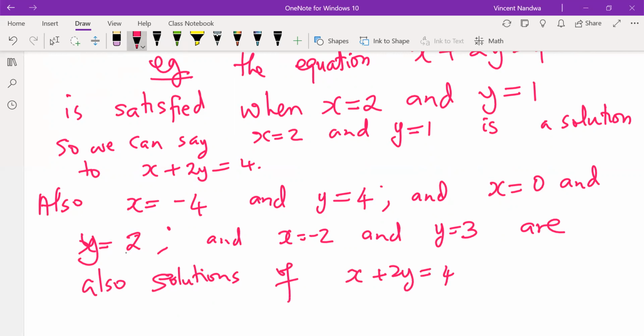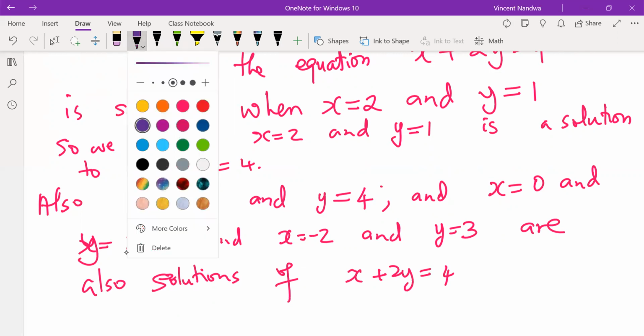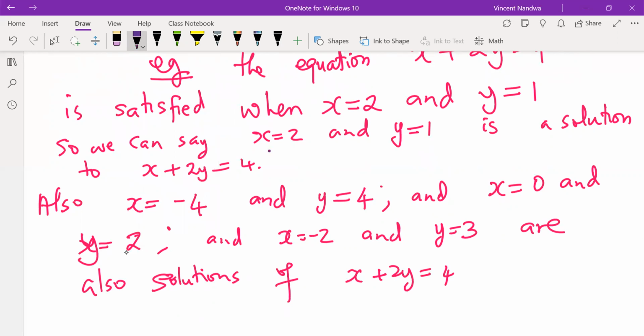Now the reason why we are saying that these are solutions is, for example, in the first case, when you replace x with 2 and y with 1, we'll have 2 plus 2 times 1, which is 4. So you see that the left-hand side equals the right-hand side, which is 4.